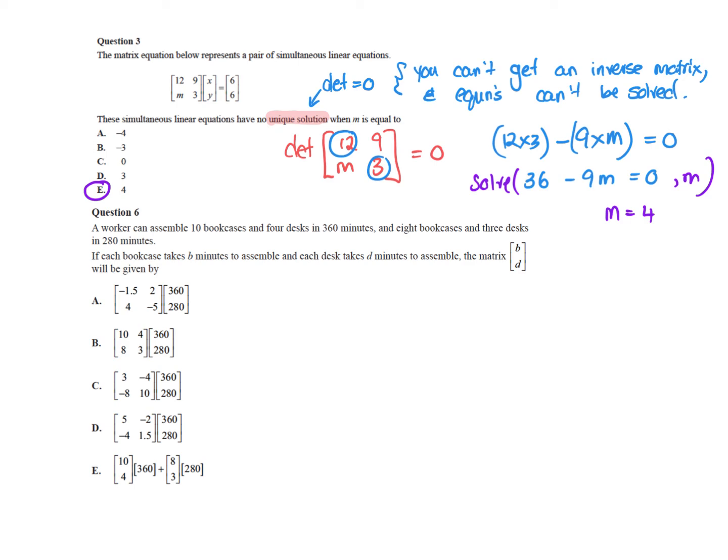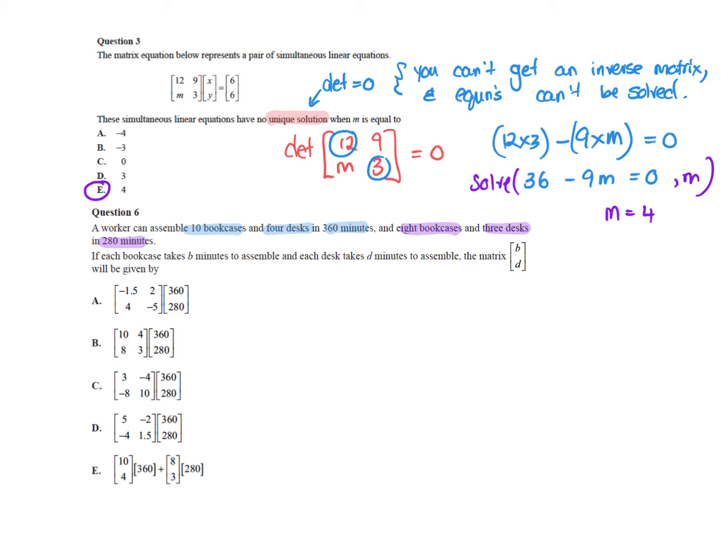Okay, now the next example is where they give you the simultaneous equations in words. A worker can assemble 10 bookcases and 4 desks in 360 minutes, and then he can do 8 bookcases and 3 desks in 280 minutes.